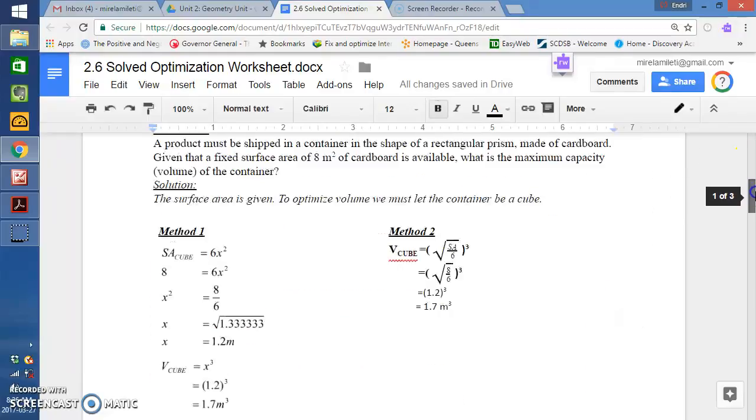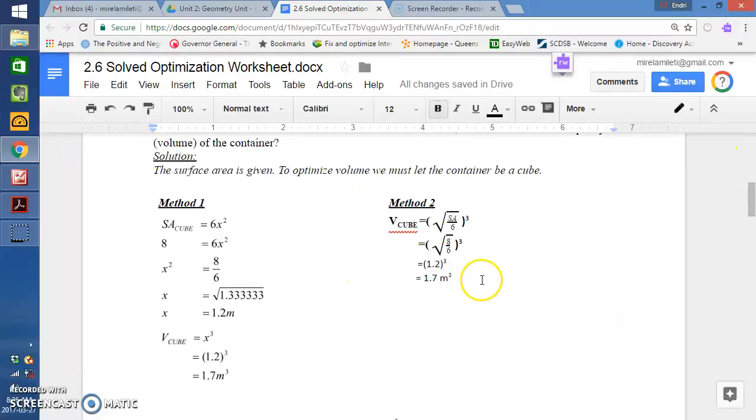So in method 2 that you see here, you just apply directly: volume equals the square root of surface area divided by 6, all to the power of 3, which of course gives you the same result.